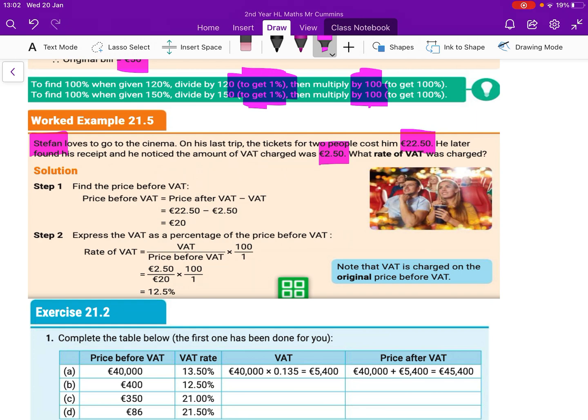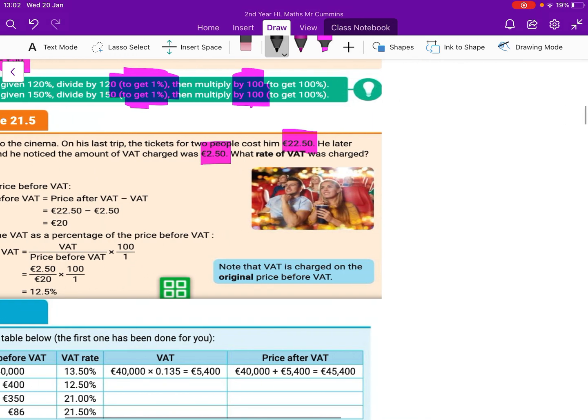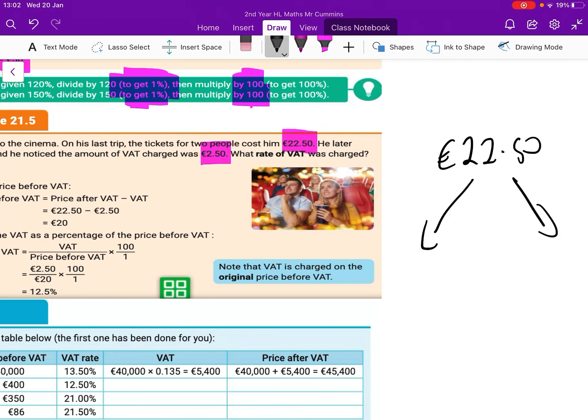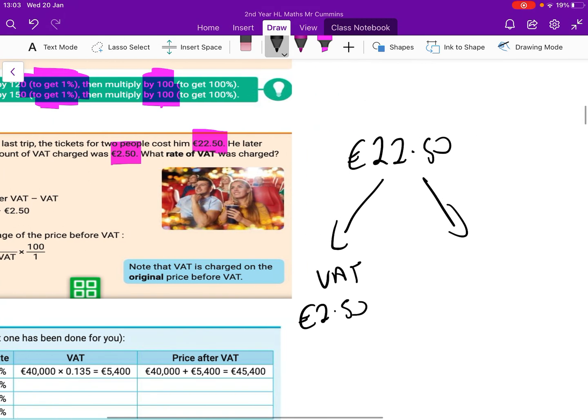So if the VAT was €2.50, then obviously the tickets are going to be $22.50 minus $2.50. So what the cinema got was actually only €20, or a tenner a ticket.